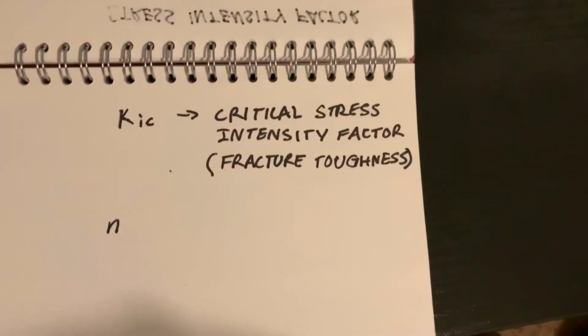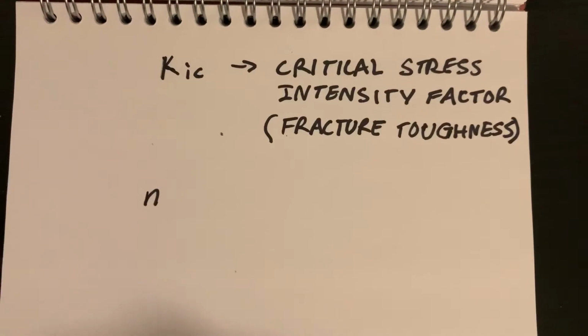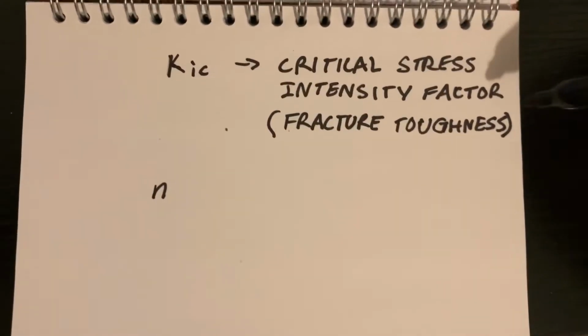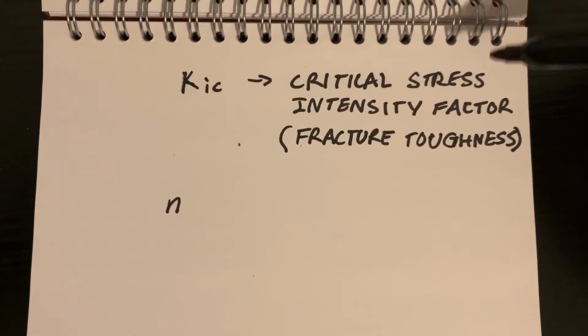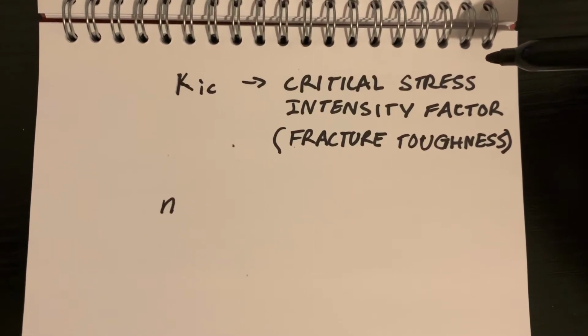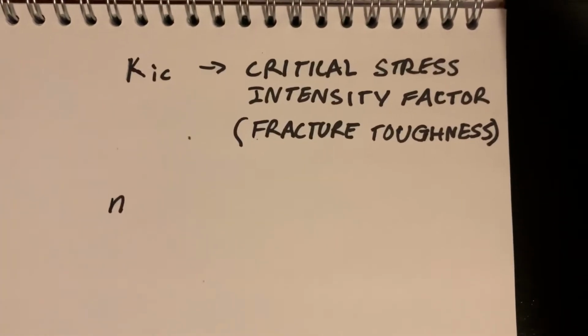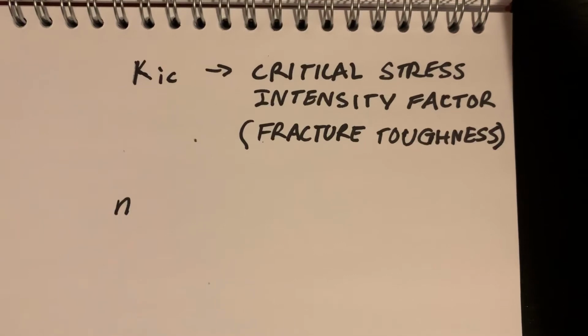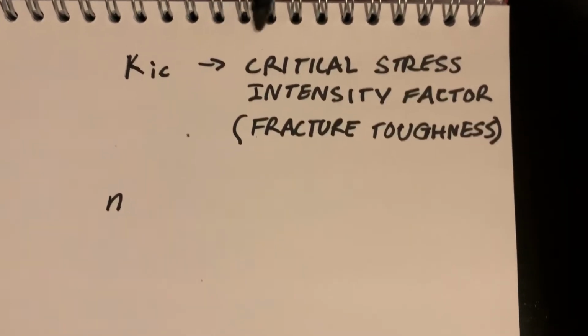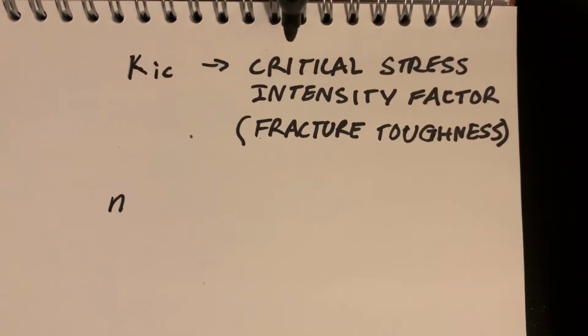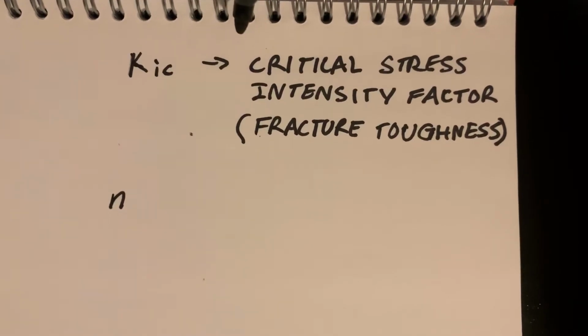Alright, so there's also the critical stress intensity factor, which we also call the fracture toughness. And this is when the crack propagation initiates failure. So this is that critical value when failure occurs.